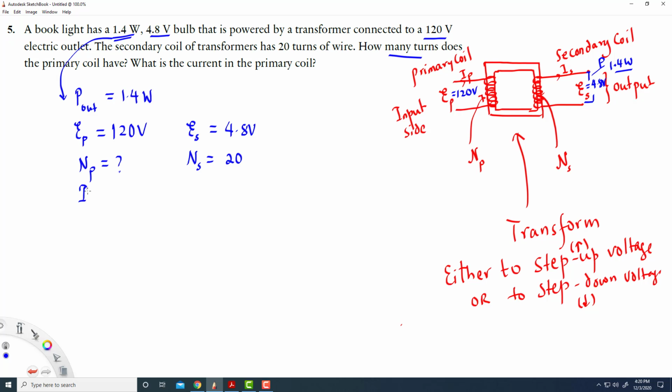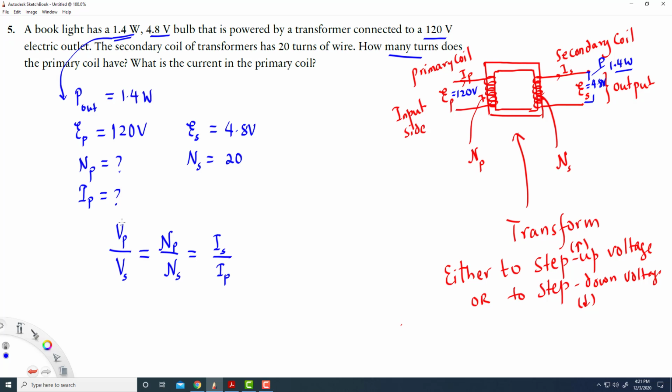So IP is what? We know this formula from our discussion last time. Vp over Vs is equal to Np over Ns is equal to Is over Ip.